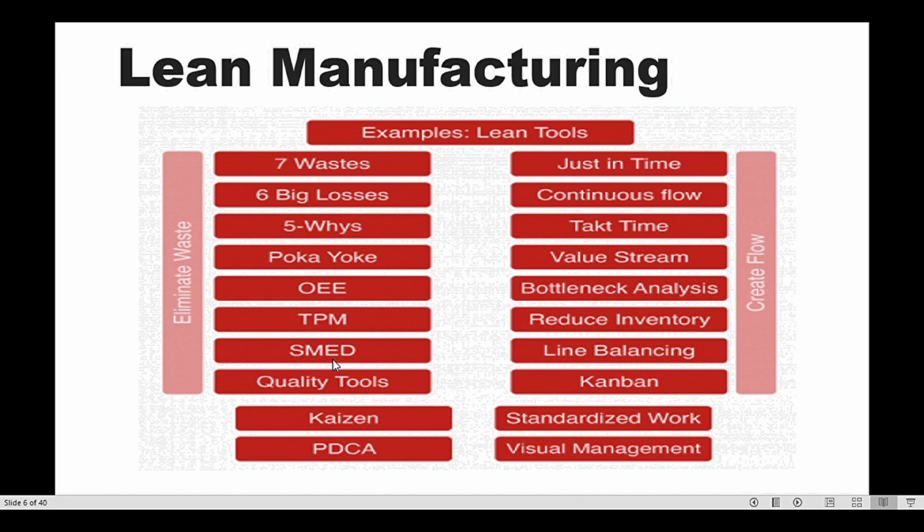Quality tools, Kaizen, PDCA (plan, do, check, act), just-in-time, continuous flow, value stream, bottleneck analysis, reduce inventory, line balancing, Kanban, standardized work, visual management. These tools we will discuss in the next lecture one by one in detail.